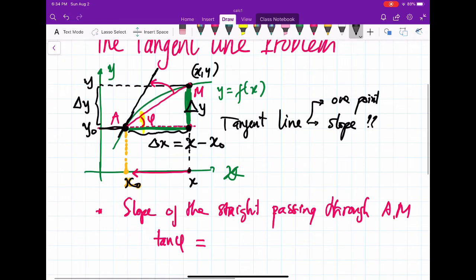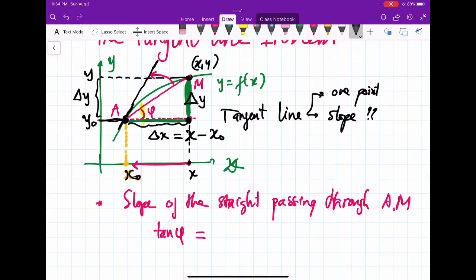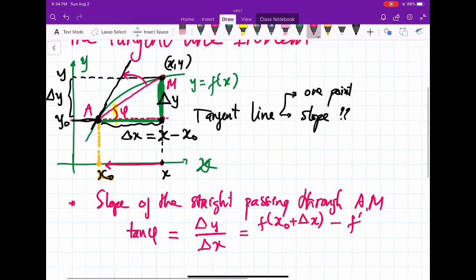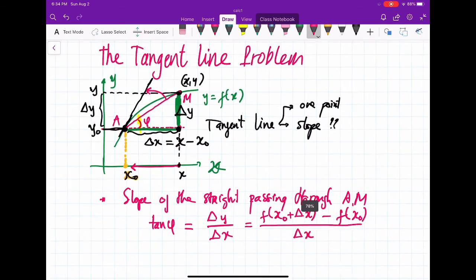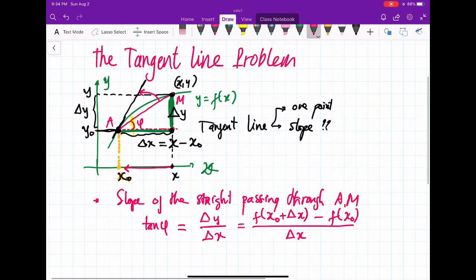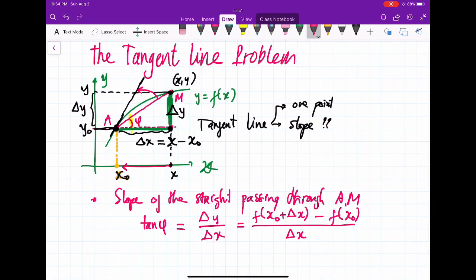So I have tangent of phi equal to delta y divided by delta x, or I can write that as f of x0 plus delta x minus f of x0 divided by delta x. Is that correct? And as we just talked about, if you take the limit when x approaches x0, you get the slope of the tangent line.